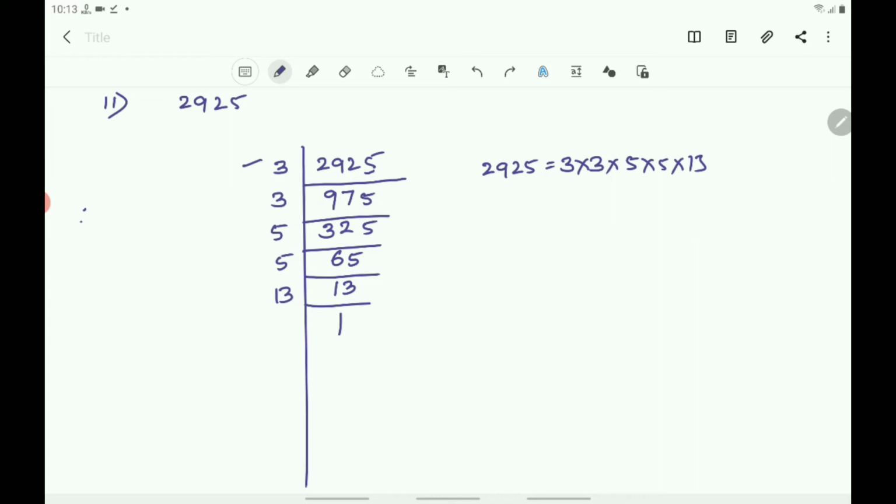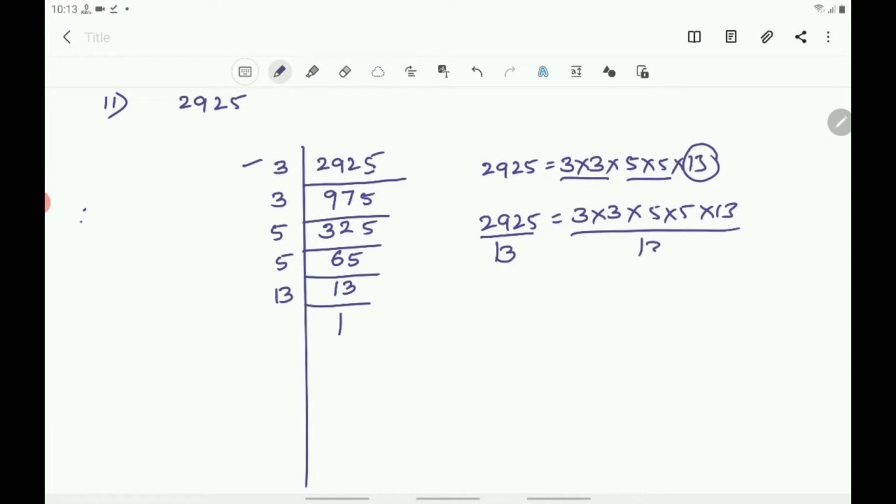Then here 2925, 3s are in pairs, 5 is also in pairs, but 13 is single. It means you must divide the given number by the smallest whole number 13 to make it a perfect square. So write here that divided by 13, 3 into 3 into 5 into 5 into 13 divided by 13.